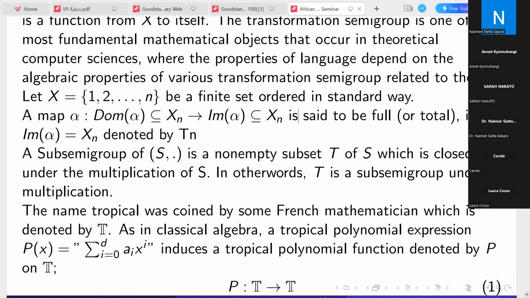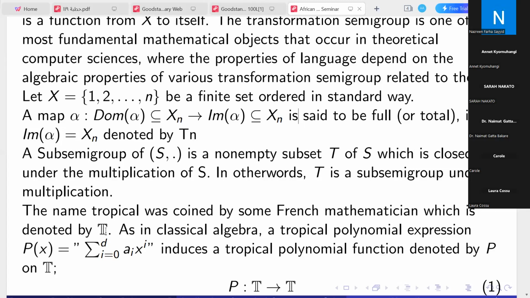Now, the next thing is to move to the tropical geometry. The name tropical was coined by a French mathematician, and we use this symbol to denote our tropical. So what we try to do here is to look at how we can apply the knowledge of tropical geometry to our existing transformation semigroup that we have been working on before.